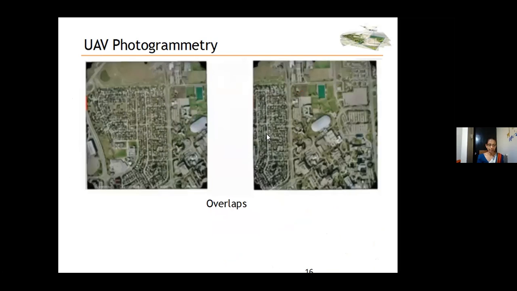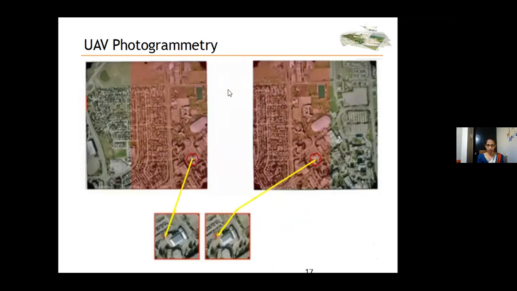This highlighted area is the same area covered by the second photograph. So we call this area an overlap area.